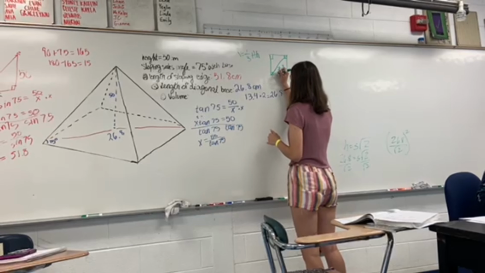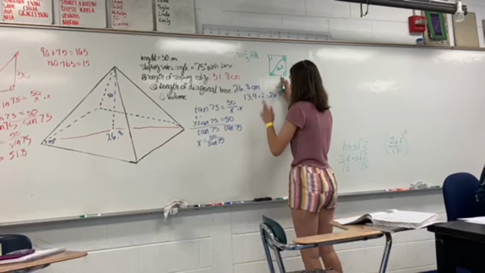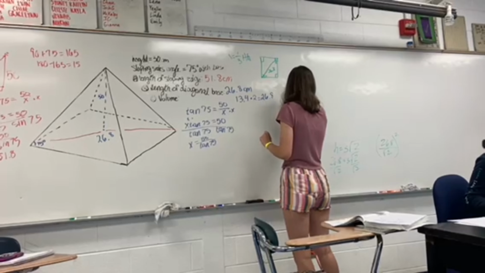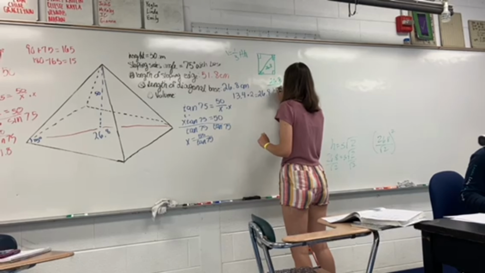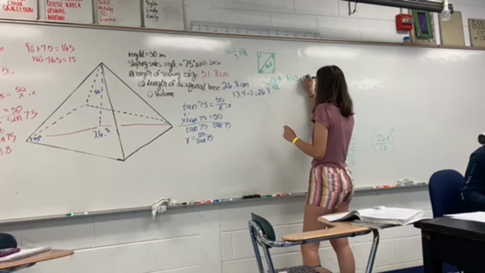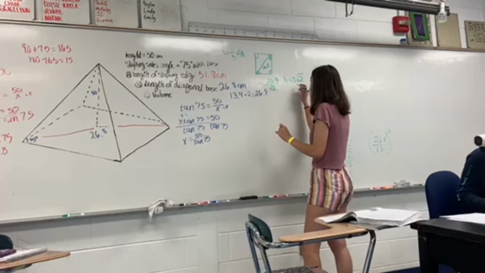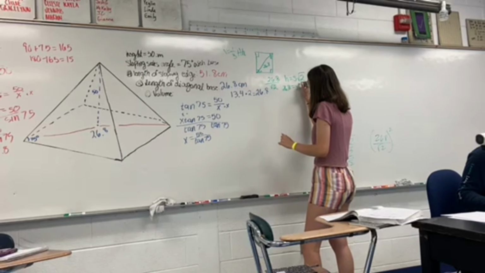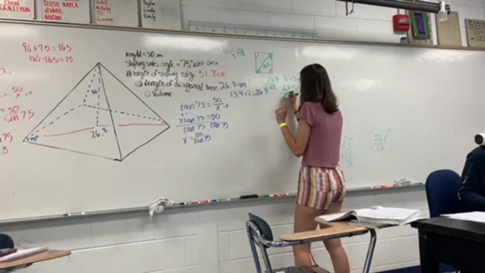So we know that this is a 45, 45, 90-degree triangle. Because of this, we're going to take our 26.8 and divide it by root 2, because we know the hypotenuse equals side times root 2 for a 45, 45, 90-degree triangle. So the hypotenuse, 26.8, equals s root 2, and then to get the s by itself, divide by root 2, divide by root 2.